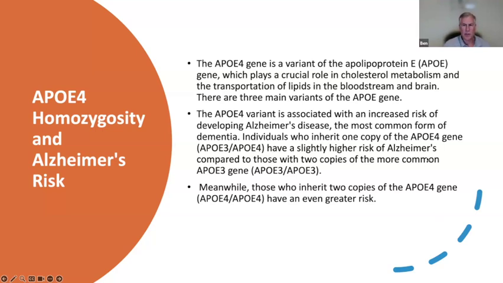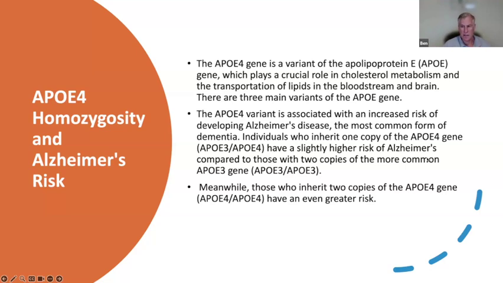The combination can be any combo of APOE 2, 3, or 4. Each person inherits 2 copies of the APOE gene, one from each parent, resulting in these combinations: E2/E2, E3/E3, E4/E4, and those are all homozygote combos.